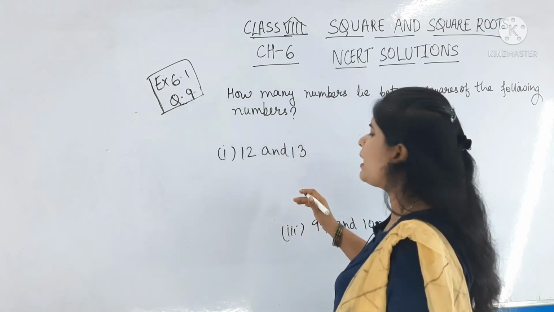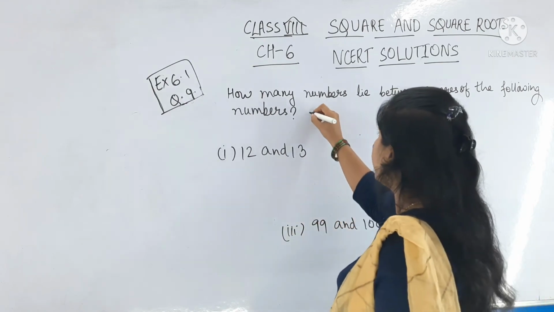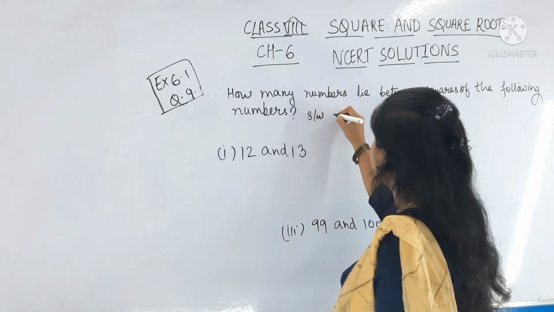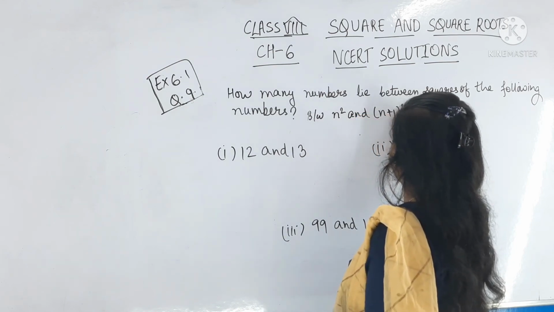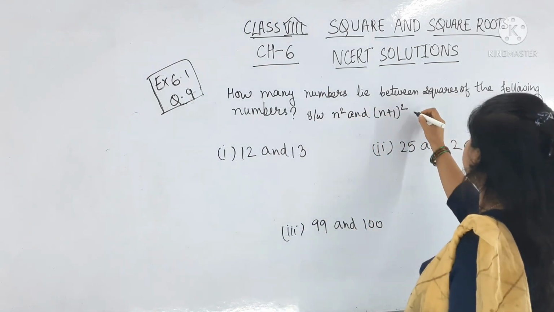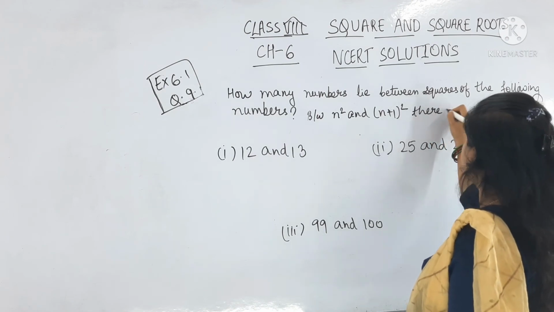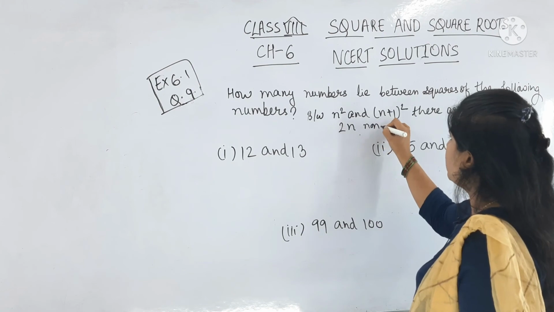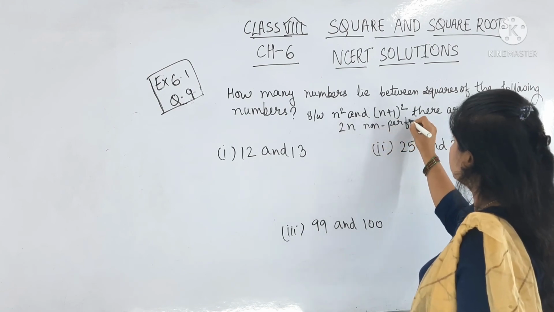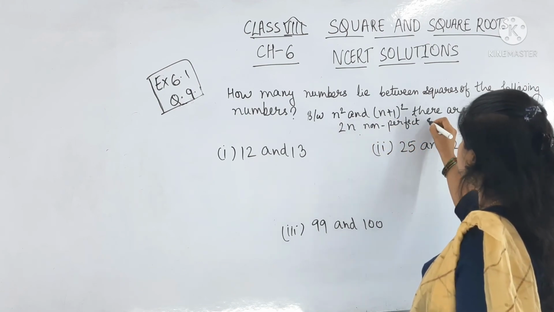So one formula is that you can note it down: between n square and n plus 1 square, there are 2n non-perfect squares.